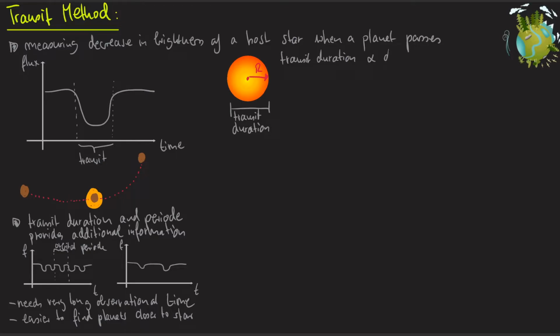The transit duration is proportional to the distance to the star. It's also proportional to the stellar radius. Of course, if the star is larger, then it takes longer. And it's also proportional to the planet's radius.